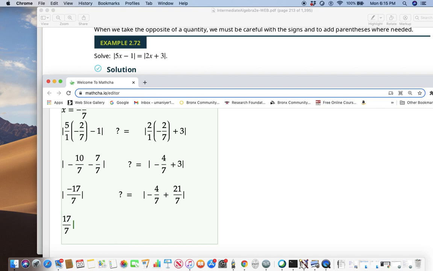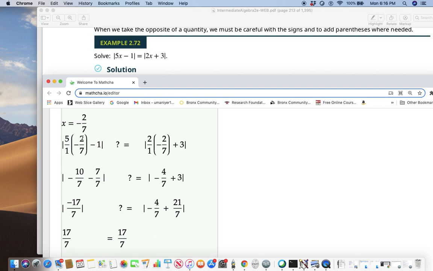At this point, you already have common denominators, so write down the denominator 7 as it is. Numerator is negative 4 plus 21, which is 17. Absolute value of positive 17 over 7 is positive 17 over 7. So it's fine. This also works out.